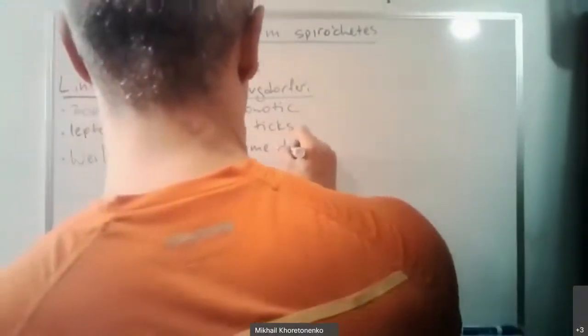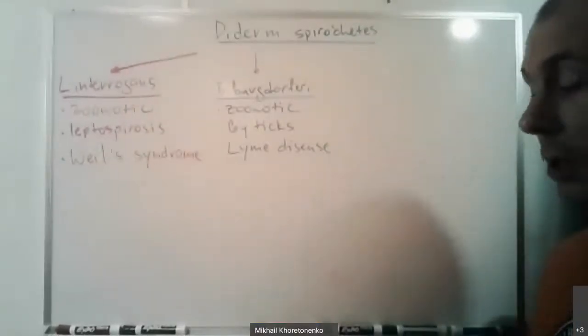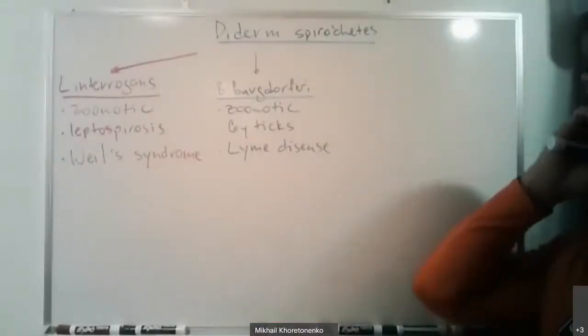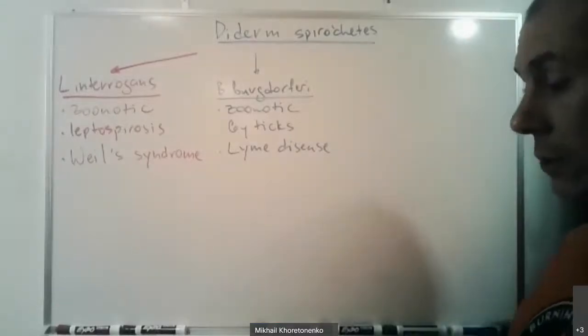And Lyme disease manifests itself usually as myalgia and arthralgia, but if it's not treated in a timely manner, it can progress to chronic arthritis, paralysis, and myocarditis.